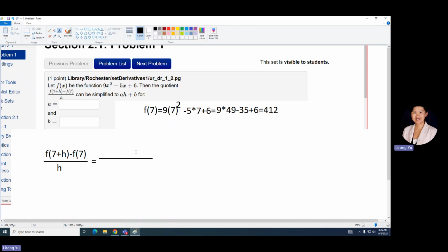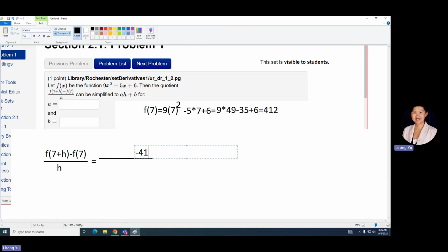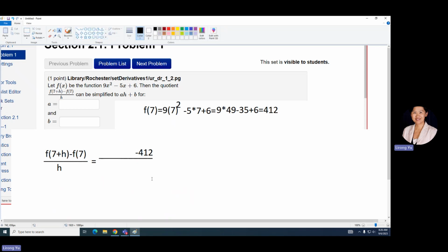Make sure this part is minus 412, because f of 7 is the function value when x equals 7, which can be quickly calculated to get that number down. I'm trying to avoid having a really lengthy calculation, so I get that lengthy calculation down by itself. So do individual calculations and then construct the fraction after it's done.